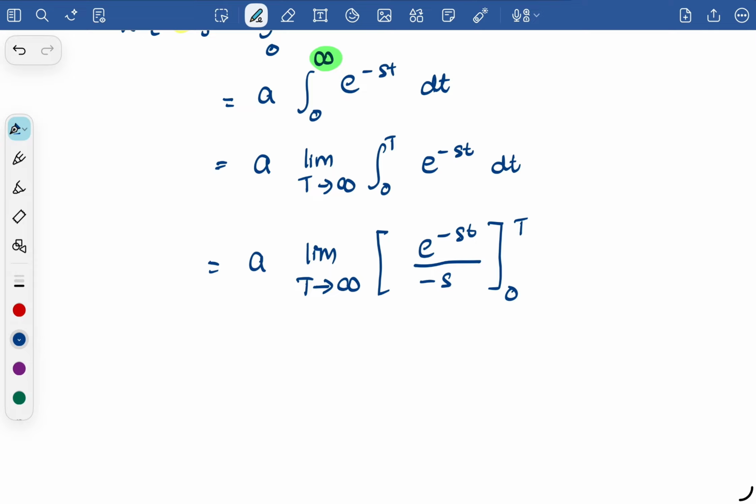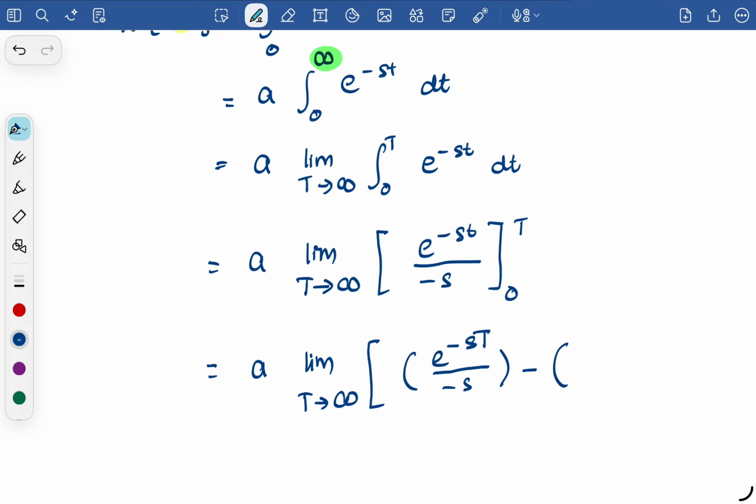That will give you negative s. So when we substitute here, we need to substitute the interval. What we will have here is e^(-sT) divided by negative s, minus e^(-s times 0) divided by negative s, like this.